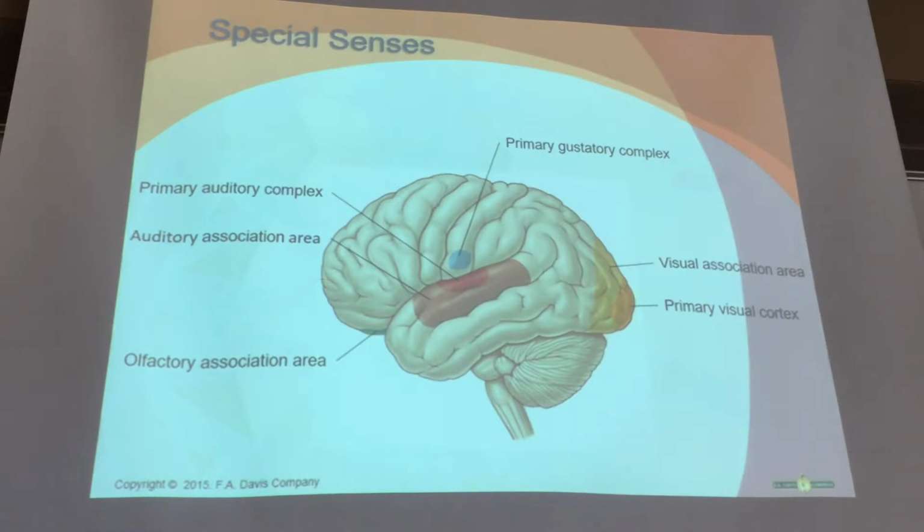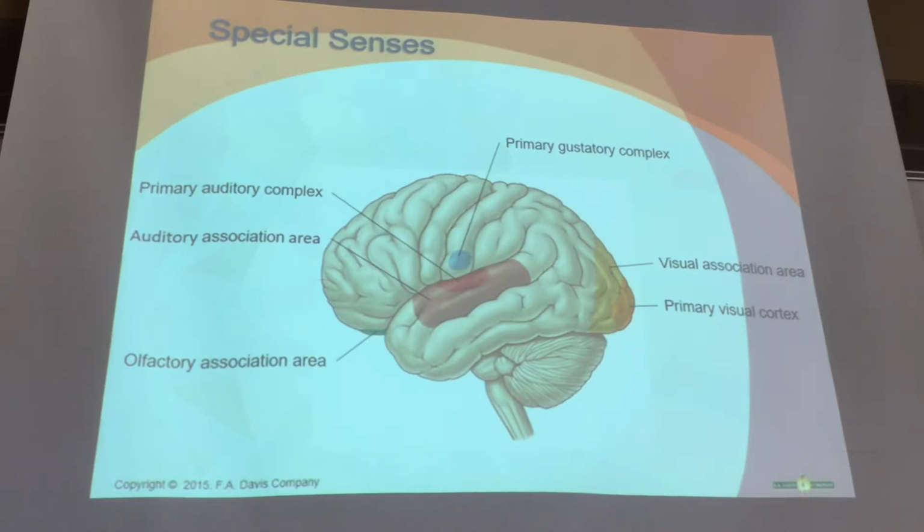So here are our regions, starting with the primary gustatory complex. So the primary gustatory complex handles the interpretation and the sensation of taste. So this is like you taste the ice cream and you're like, oh my goodness, that's so good. That is your primary gustatory complex tasting it right there.